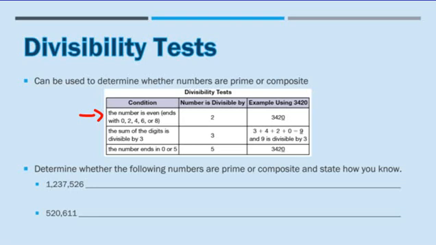And if it's divisible by 2, it's going to have more than 2 factors, because remember, prime numbers have exactly two factors, itself and 1. And so if it's divisible by a number bigger than 1, then it's not prime. So this is composite because it's divisible.